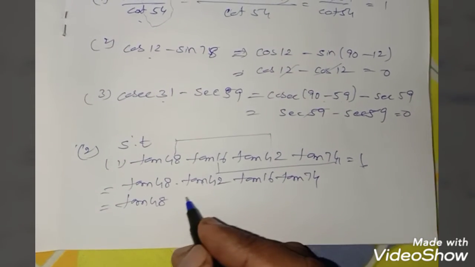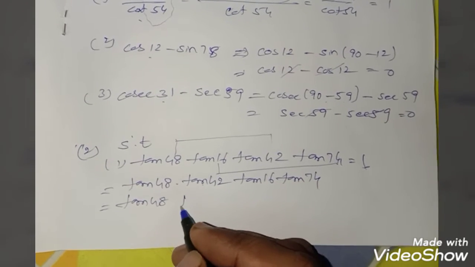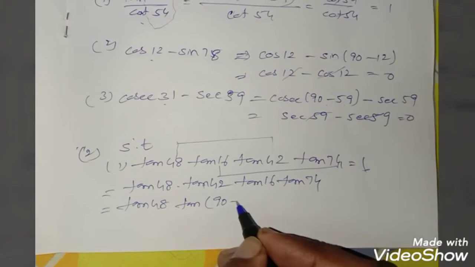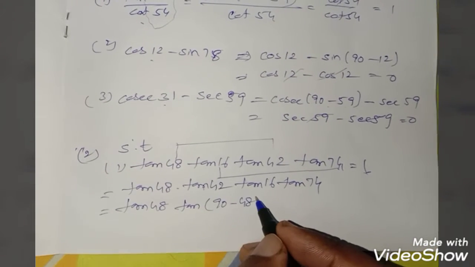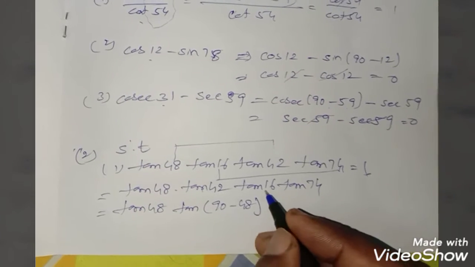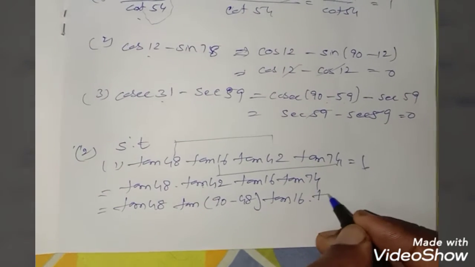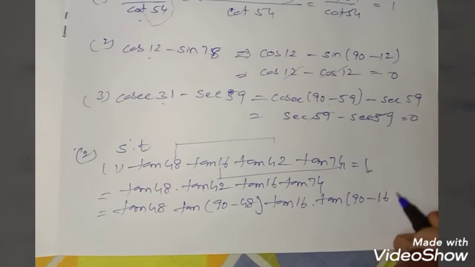Now tan 42 I can write as tan (90 minus 48), which is nothing but 42. Now here tan 16. Now tan 74 I can write as tan (90 minus 16).